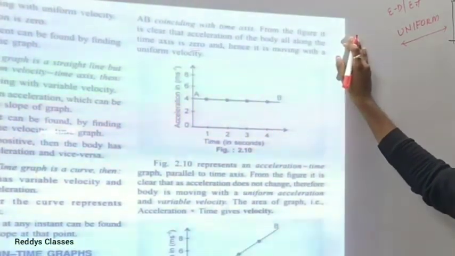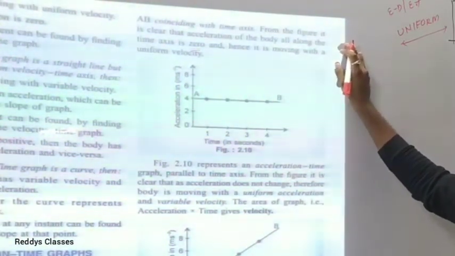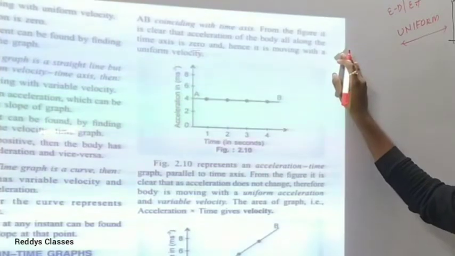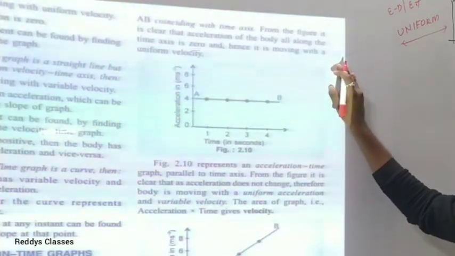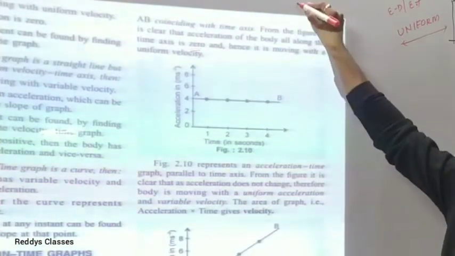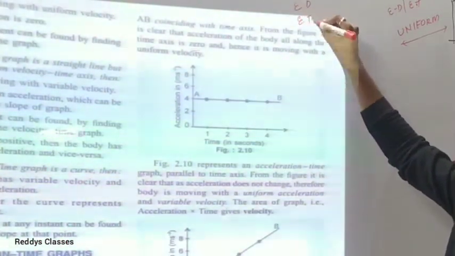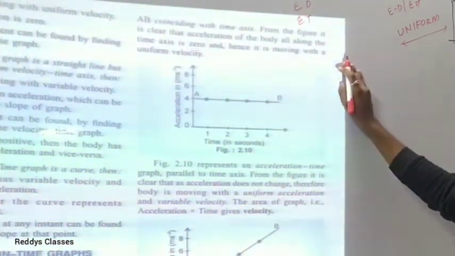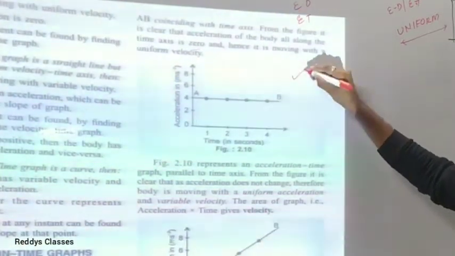Therefore the acceleration here becomes 0. Hence it is moving with a uniform velocity, meaning equal distance in equal time intervals.